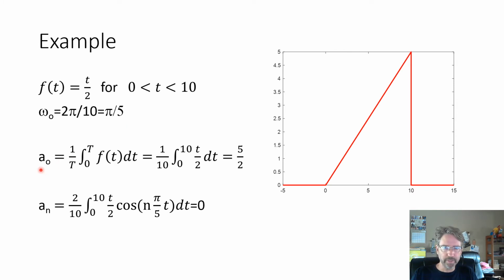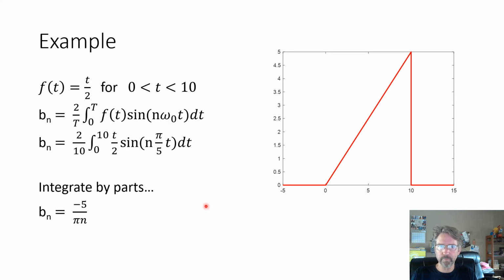Then we have to find the coefficients. So a naught is the integral here, and it comes out to 5/2. An is the integral here, and it turns out, because of the periodic nature of cosine, all the an's are 0. The last coefficient we have to find is the b terms.